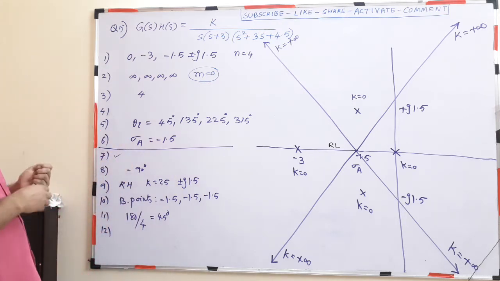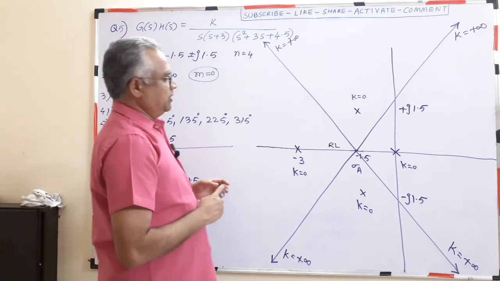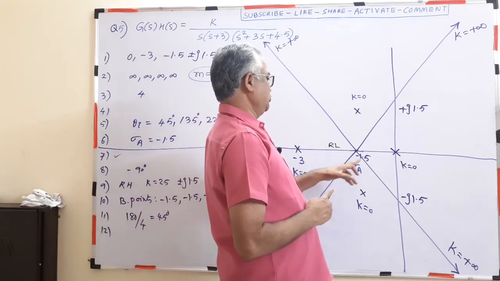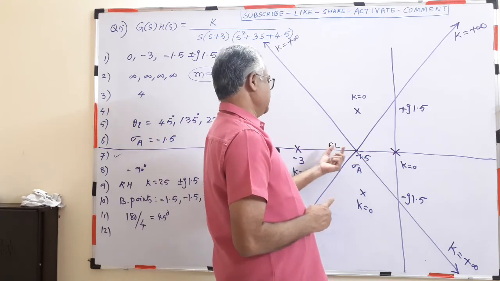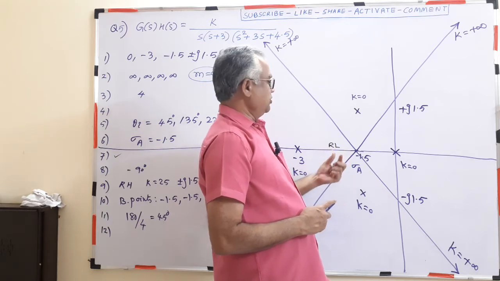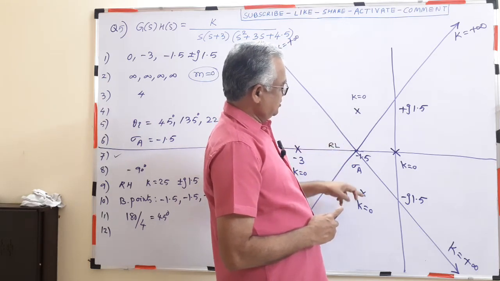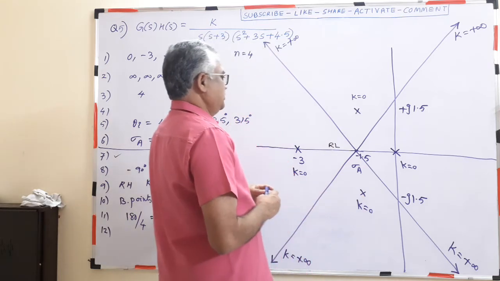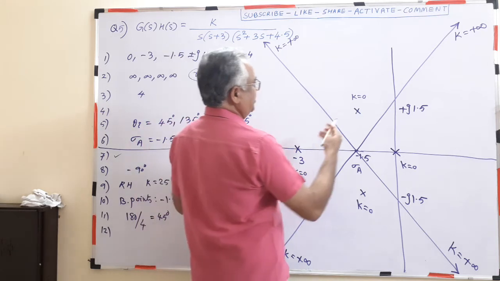Then eighth, angle of departure of complex poles. So as I told you, this is going this side, this is going this side, because already root locus. So let us find the angle of departure for these complex poles. What is the rule I said?